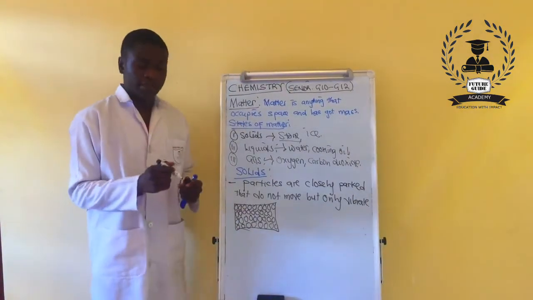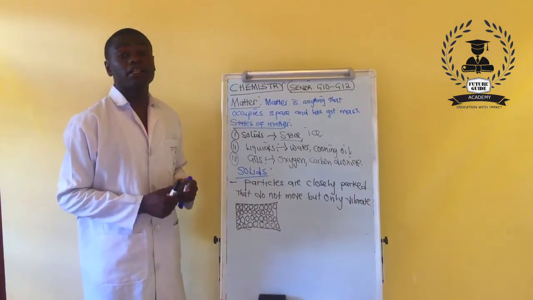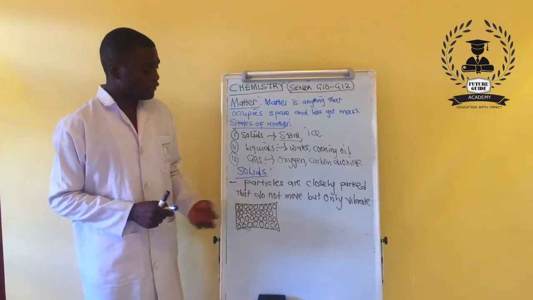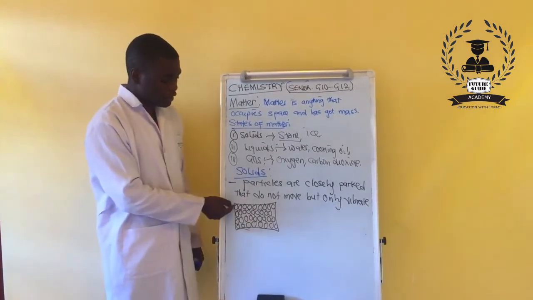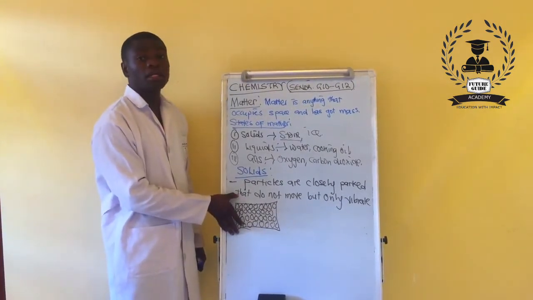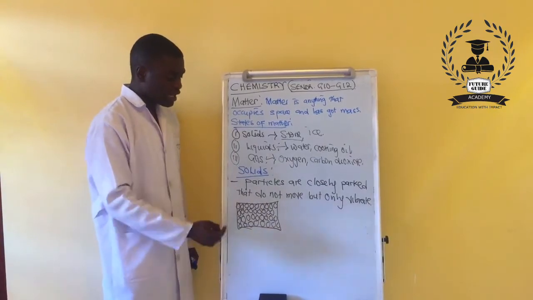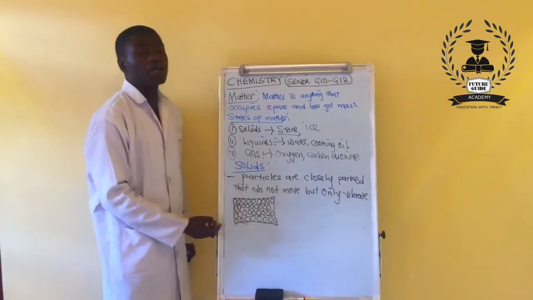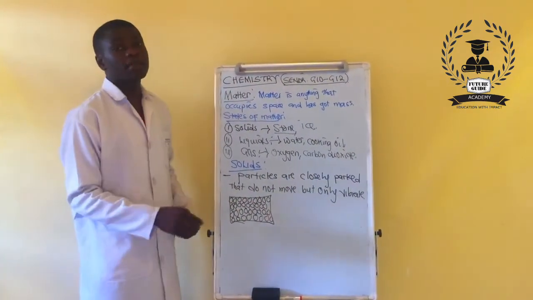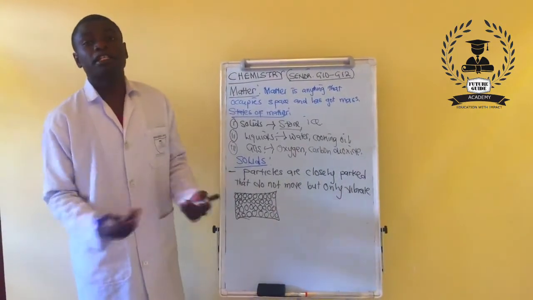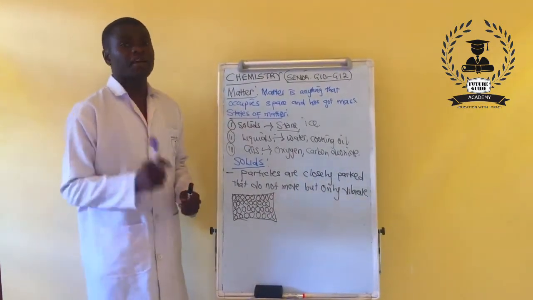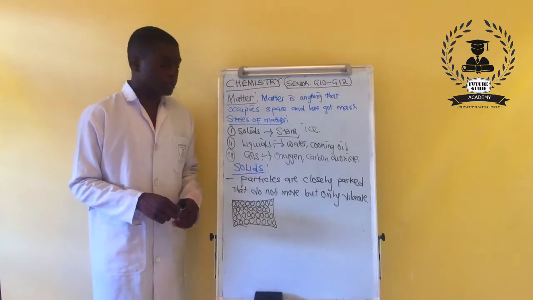So that's a very good example on how particles are arranged in a solid. If you check very well on the picture, we are saying this particle and the next one very close, that there is no chance of this particle to move. But the only thing, if something hits on a solid, the particles will only do what? Vibrate.